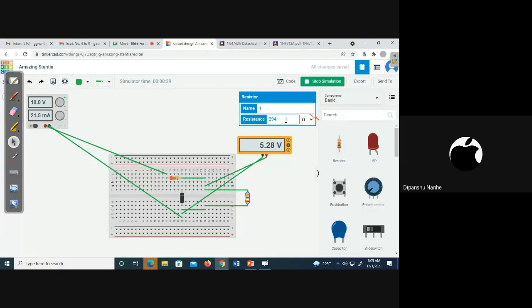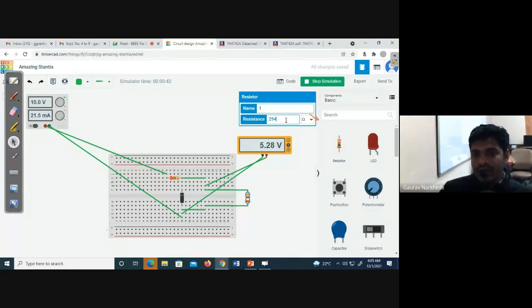Yes, sir. So even if I am changing the load, I am getting constant output.